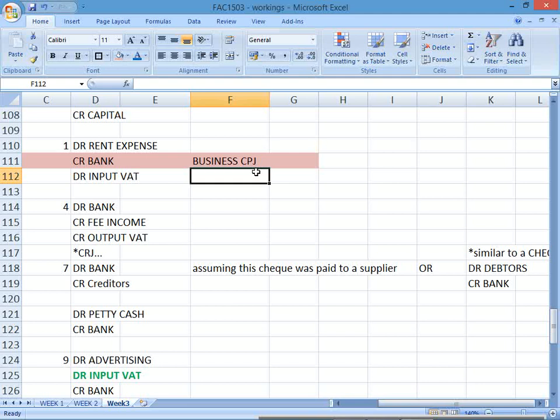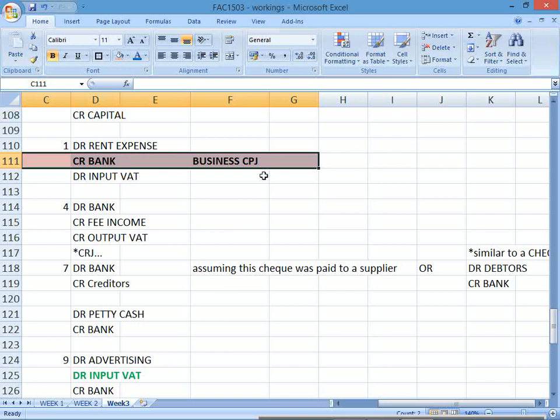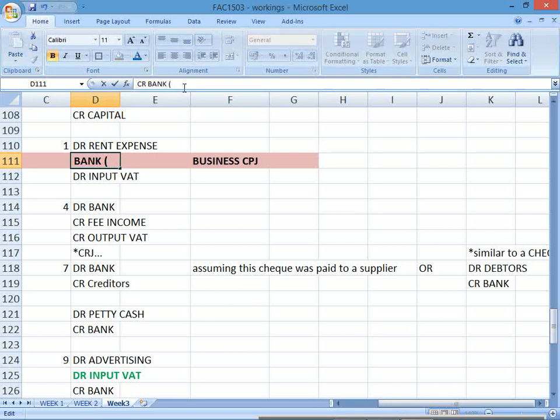Do you know how to take a transaction and put it in the correct journal? If you've studied your notes, there was a note saying, when we have a cash payments journal, we will always credit the bank. Always. It's a no-brainer. Anything that goes into a CPJ is going to affect the bank negatively. That's why whenever I have that, I write down business CPJ.